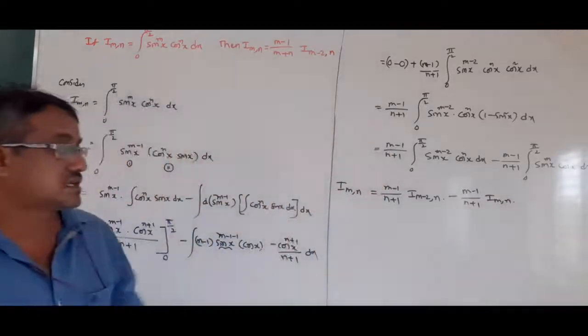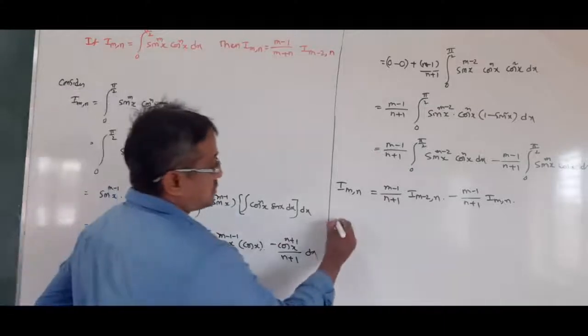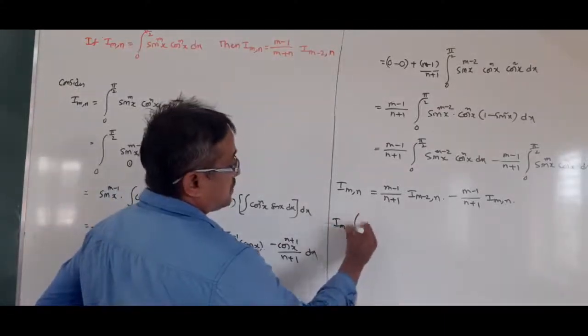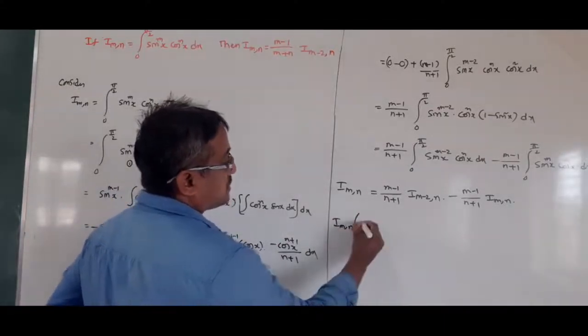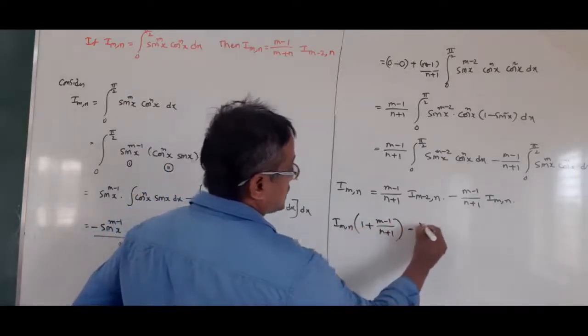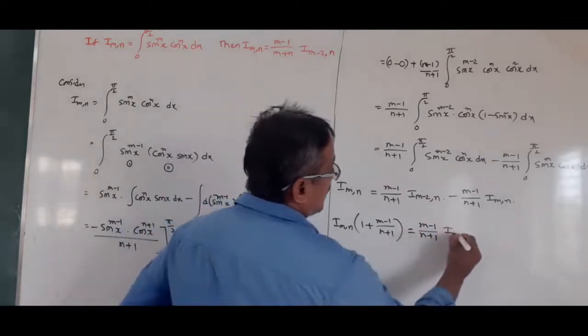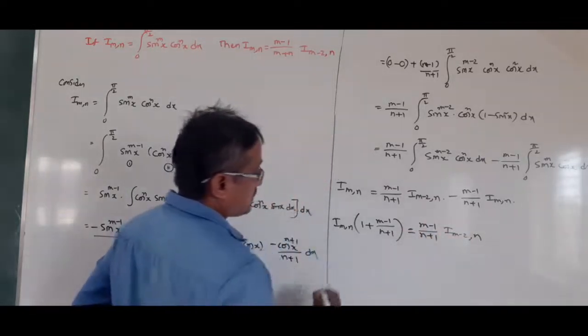Now let us take this term onto the left hand side. So I m comma n is common. 1 plus m minus 1 by n plus 1 is equal to m minus 1 by n plus 1 I m minus 2 comma n.